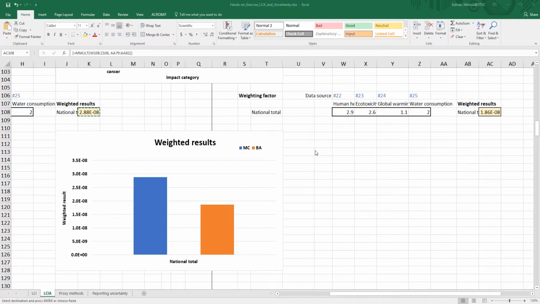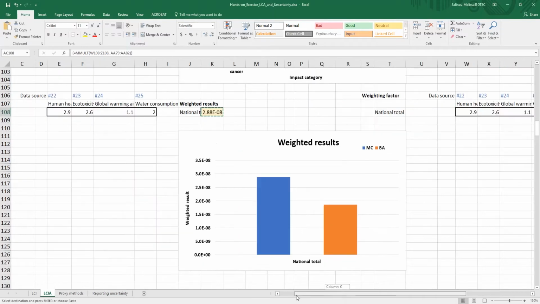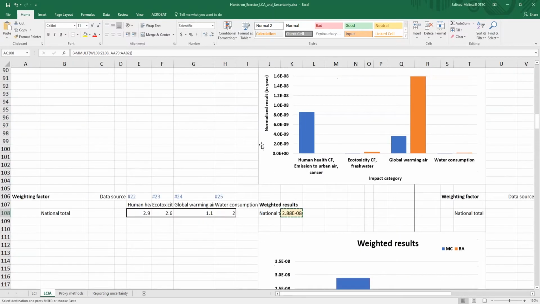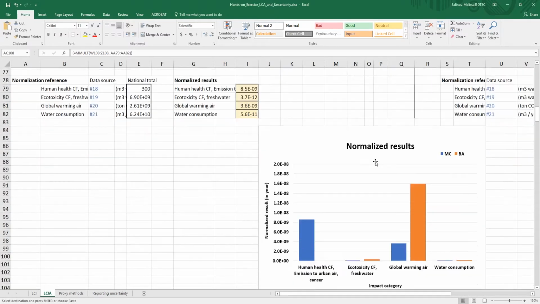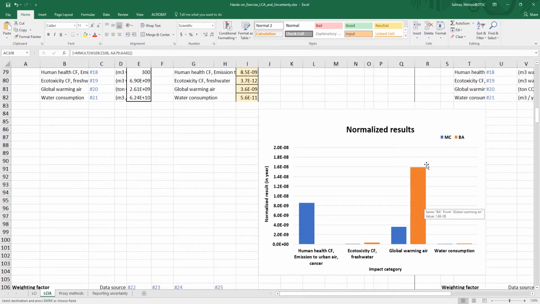So that's basically the question of how do we assess trade-offs, right? Even in this particular case, based on the normalized result, benzyl alcohol is showing higher impact as compared to methylene chloride on global warming.